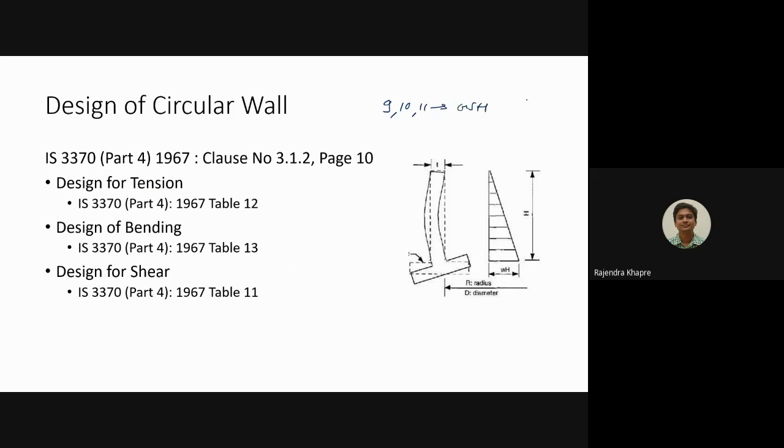GSR has an assumption that the base is fixed. But in this particular case the foundation is not fixed, it is subjected to some amount of rotation, so this is applicable.